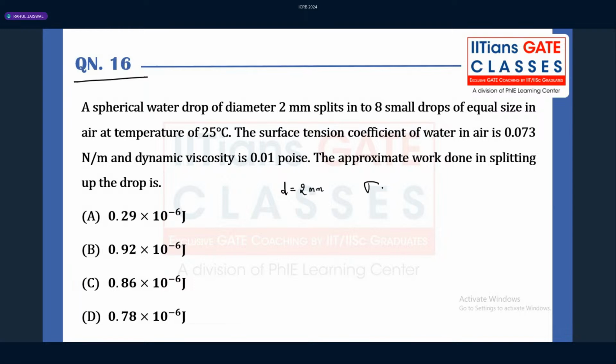The surface tension is 0.073 Newton per meter. The dynamic viscosity is 0.01 poise. 1 poise is 0.1 Pascal second.